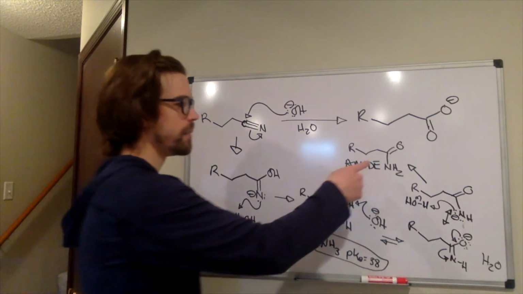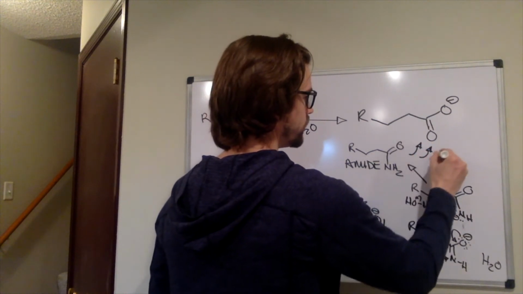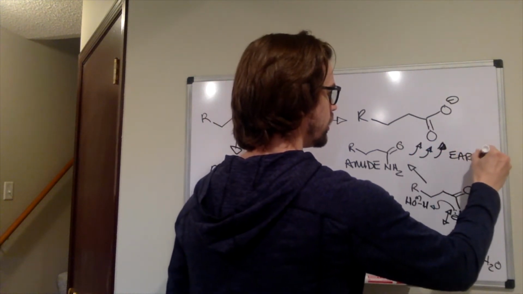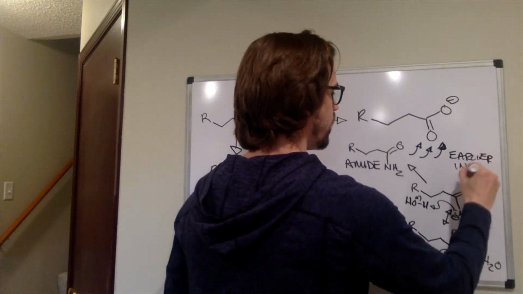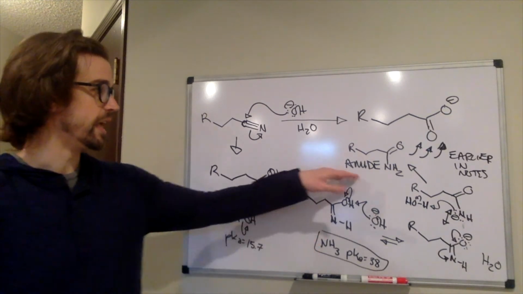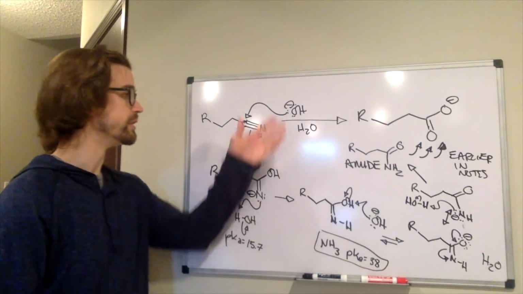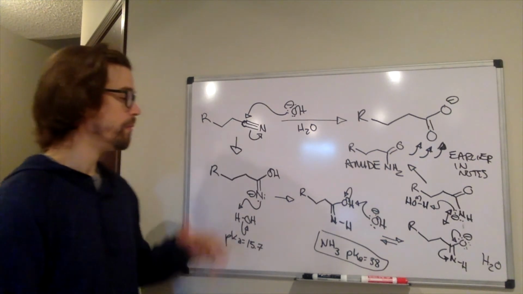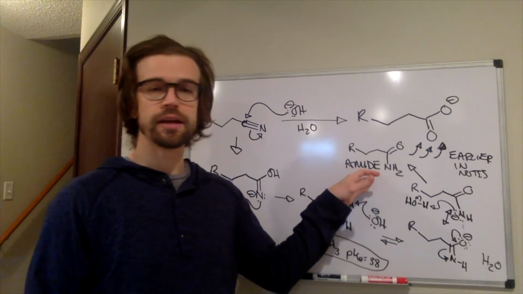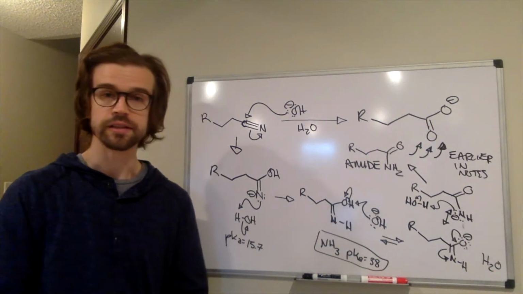So if you're having a hard time with these last few steps, I'm going to draw multiple arrows, and we'll even write in notes, this amide to carboxylate is going to occur under these same conditions. So the nitrile initially gets transformed to the amide, and then that gets hydrolyzed to the carboxylate under these conditions.